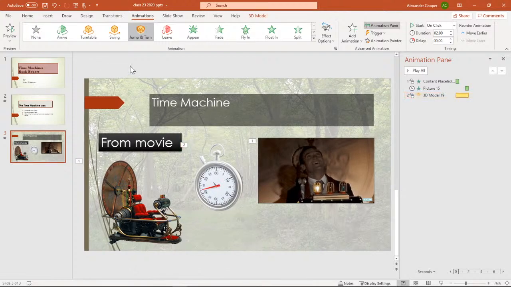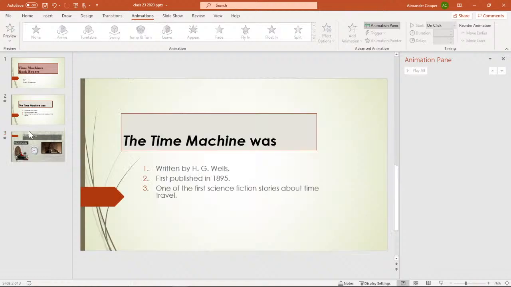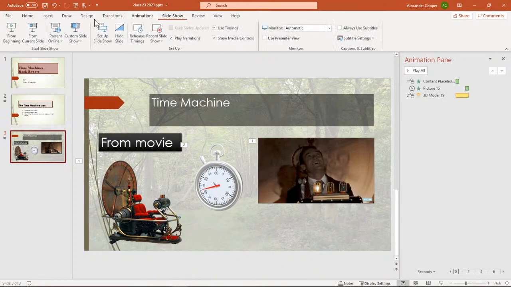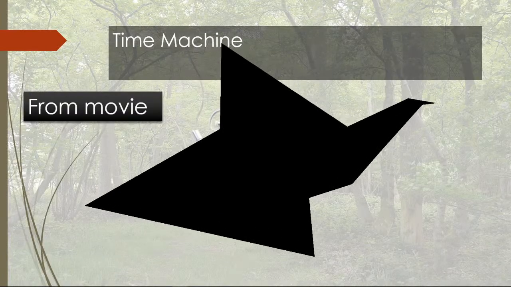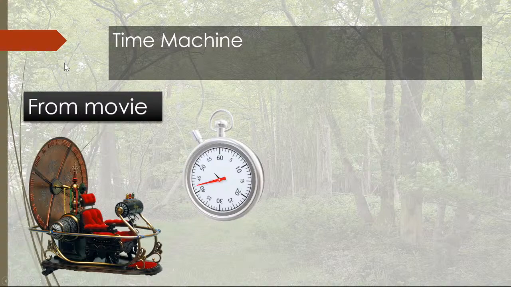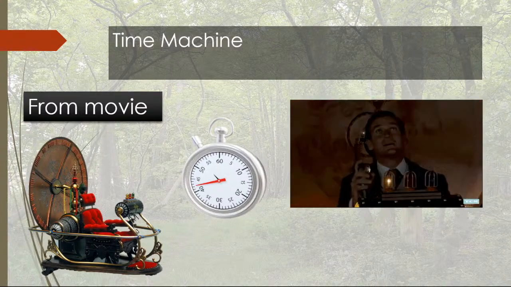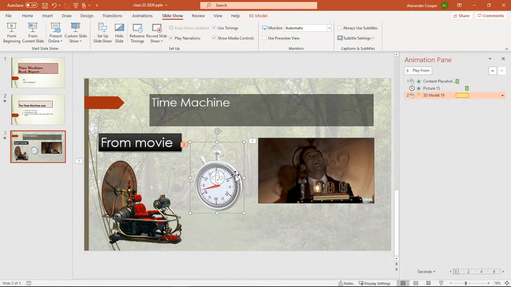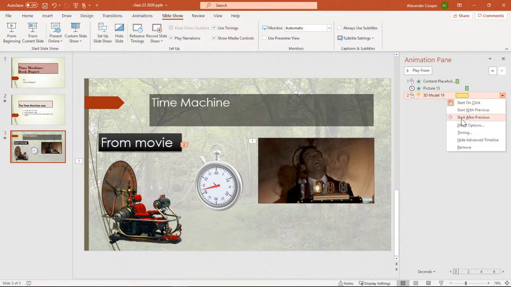All right, so let's look at our PowerPoint from this slide. Oh, I have it set that I have to click. And then he shows up. Yeah, so apparently it was set. I had to click one more time. So I can actually change that. I just want to start after previous.